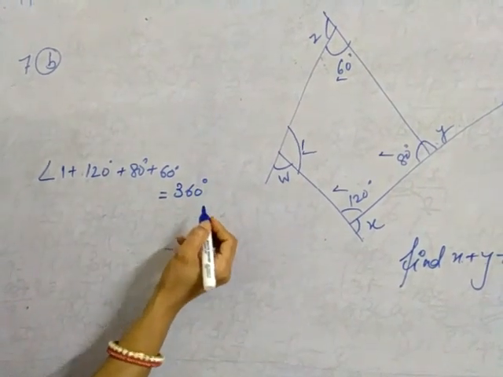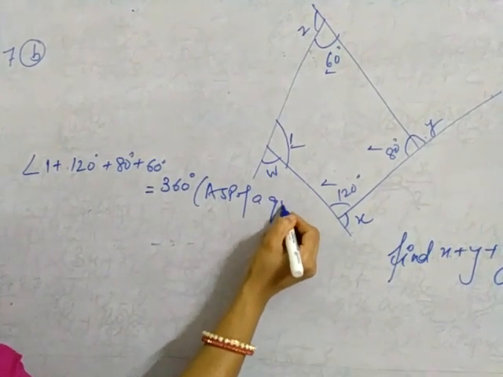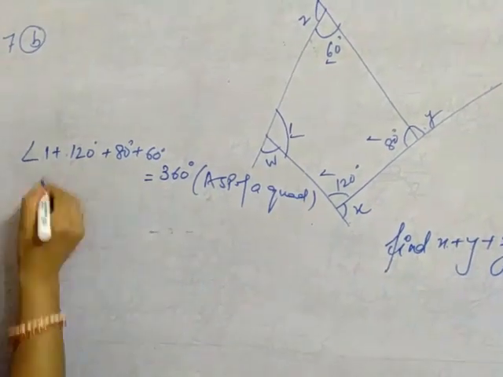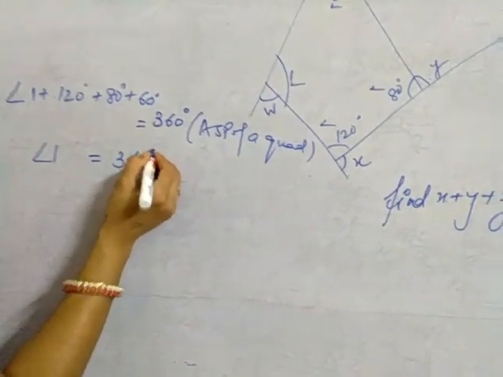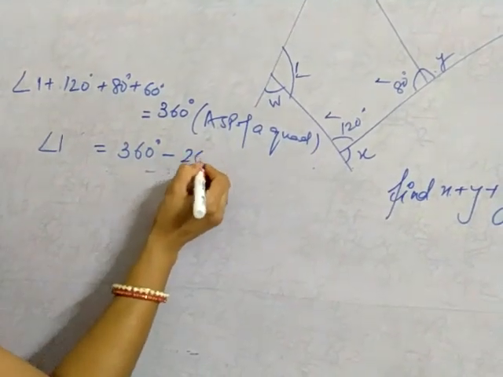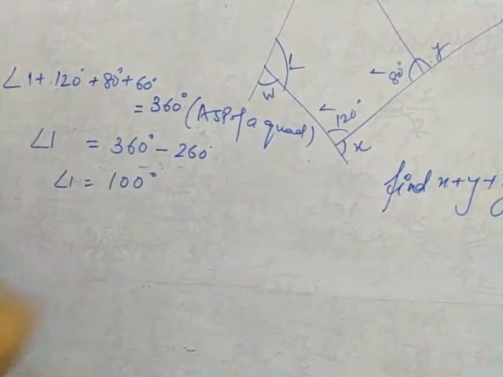This you have done by activity also. So this is ASP of a quadrilateral. And by this you will be calculating angle 1 comes out to be 360 minus 260. So angle 1 is equal to 100 degree.